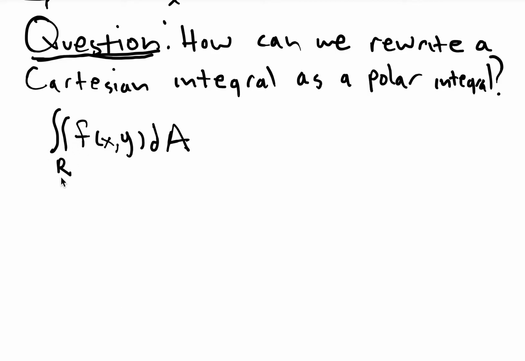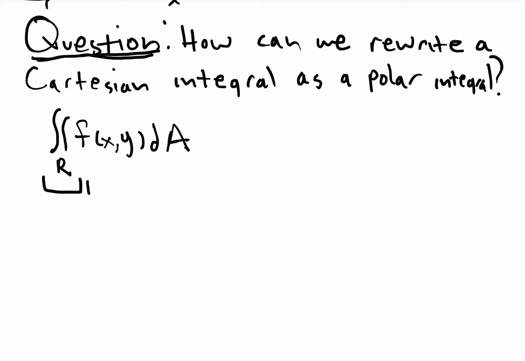I am specifying a region that I am integrating over, so pretty much everything I've thrown you guys is definite. I've got a function of x and y, which refers to this Cartesian system, and I've got this area differential on the end, which we've said a couple times before is usually rewritten as either dx dy or dy dx.